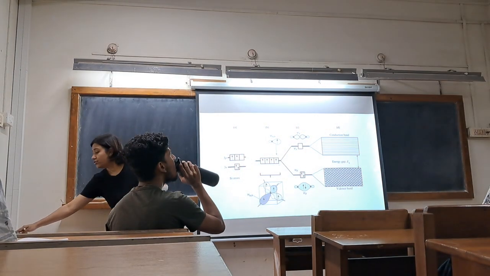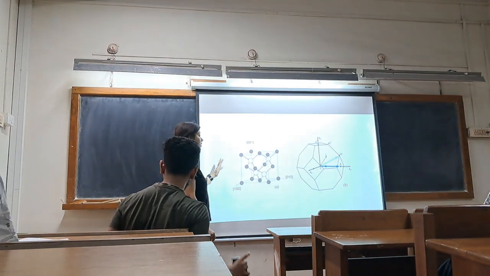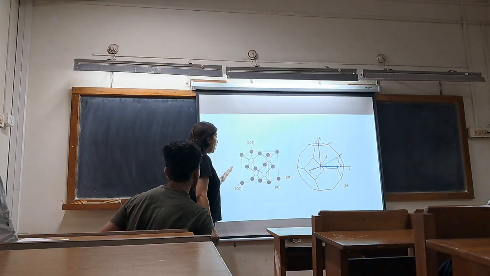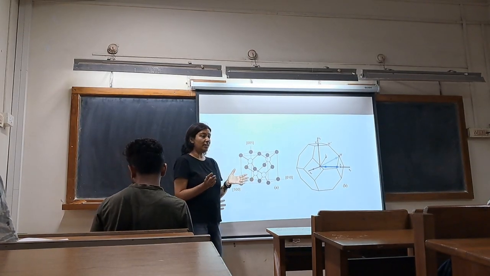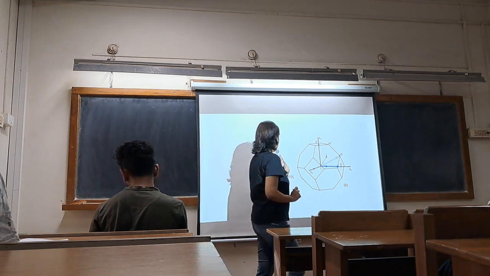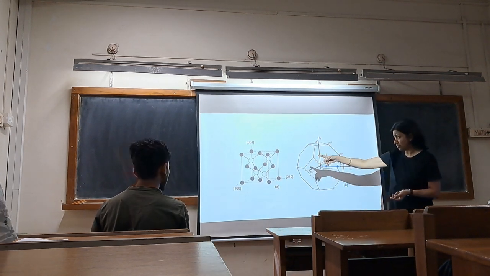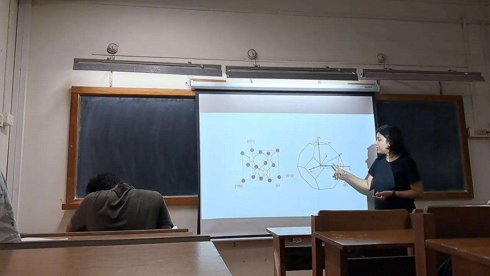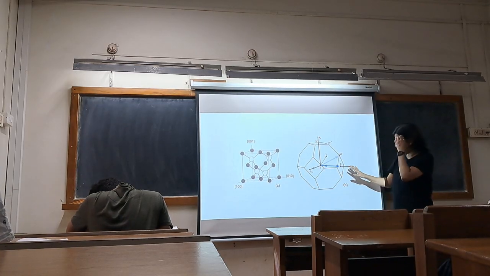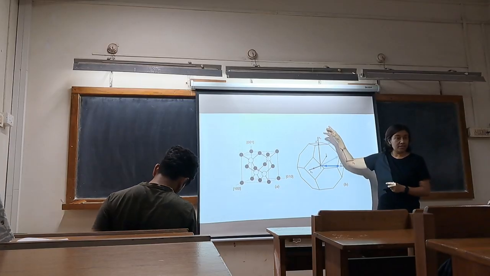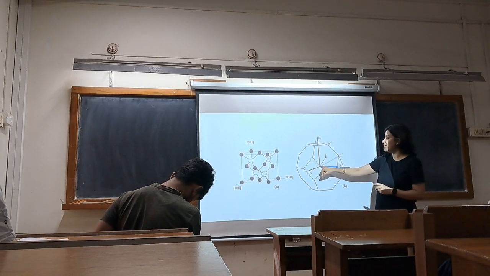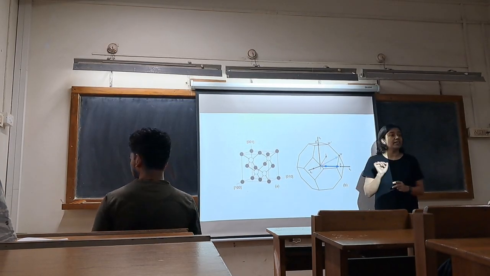How? If I have a lattice and I have some symmetry directions, from here, if I come here, this is your k-space. It's the x, y and z directions, and it defines certain directions.